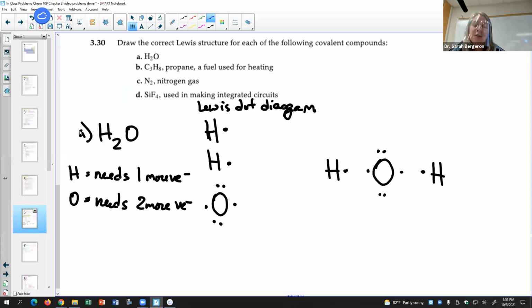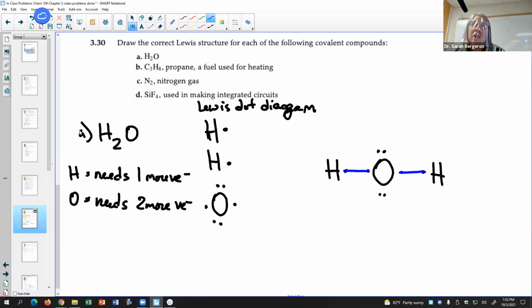So instead of drawing 2 dots, we'll draw a line. And that line signifies a bond, and it signifies that these 2 atoms are sharing 2 electrons between each other. So these 2 electrons spend time with hydrogen, and they also spend time with oxygen, right? They're very nice. And we do the same thing over there. So we're saying that oxygen is bound to each hydrogen with 1 bond, and then on that oxygen are 2 pairs of valence electrons.